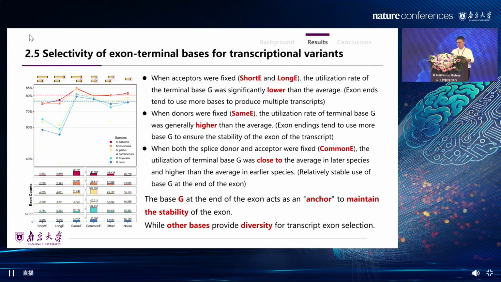But in contrast, when exons share the same end site, or are common to all transcripts, G is widely used to ensure stability. So the terminal base acts as a switch: G for stability, and non-G for variability.